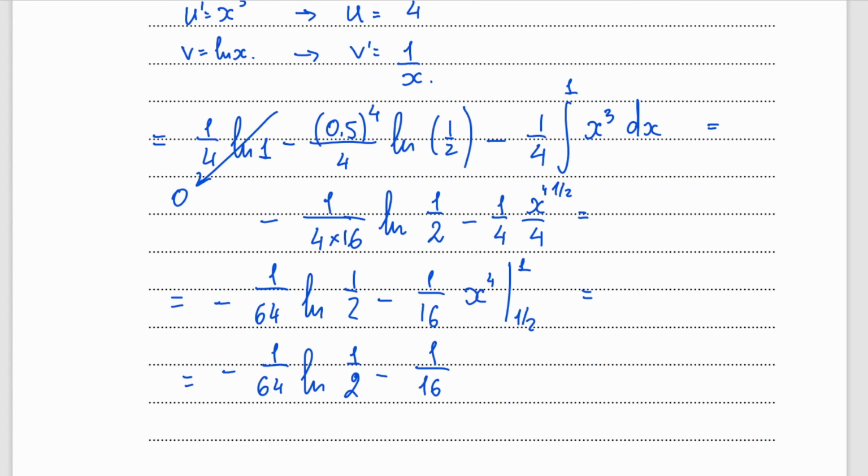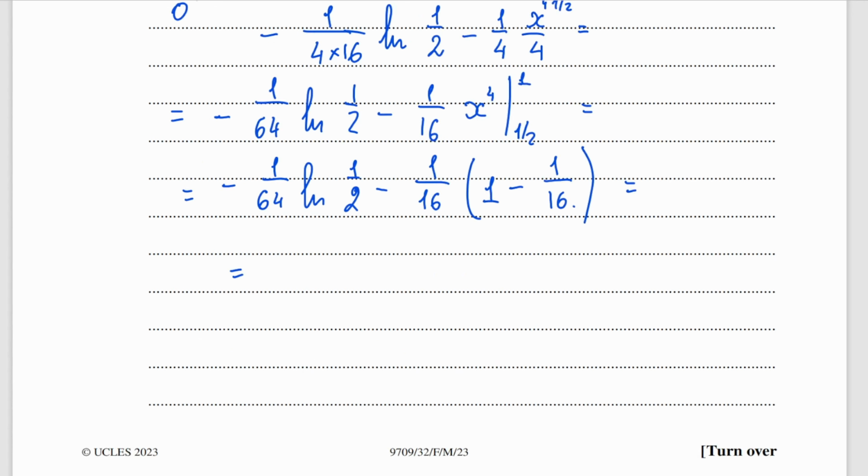Now substitute upper and lower limits into x to the power 4, and we'll get 1 minus 1 over 2 to the power 4, which is 16, so that. And all in all, I got minus 1 over 64 natural log half, minus 15 over 256.